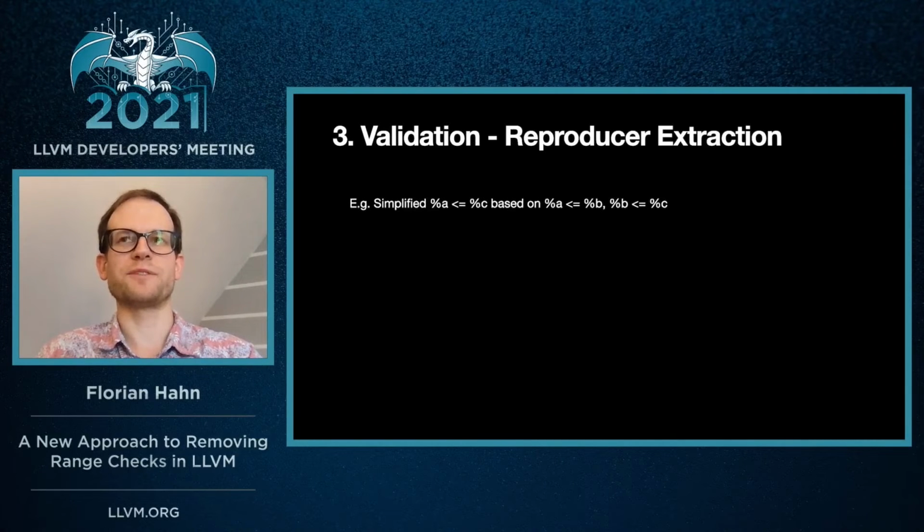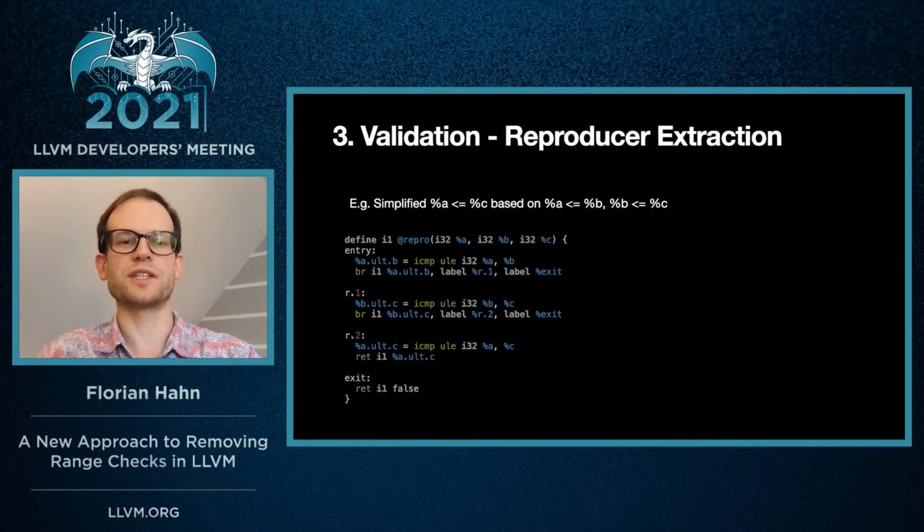For our running example where we simplified a less than equal c based on a less than equal b and b less than equal c, we can construct a reproducer function that looks something like this. We have our known facts chained together through conditional branches, and it returns the condition we simplified.